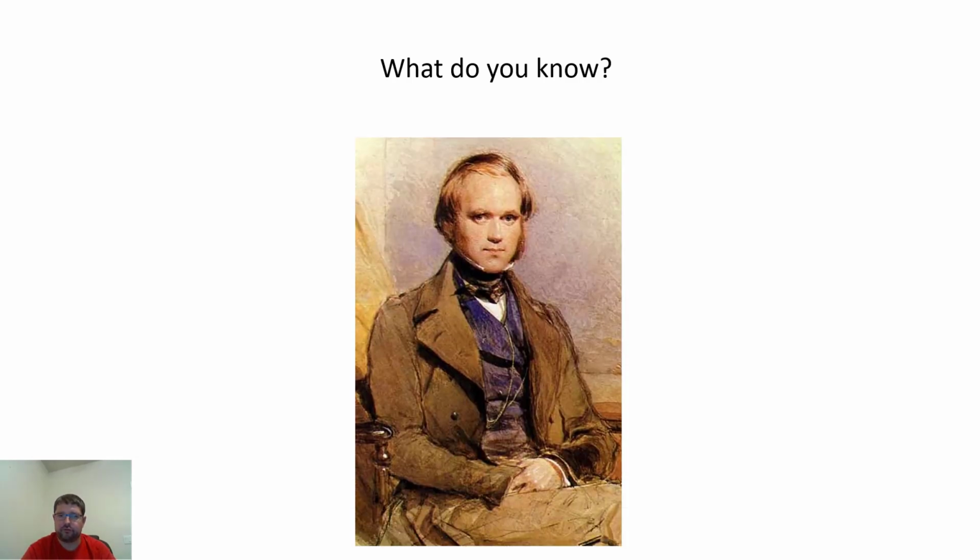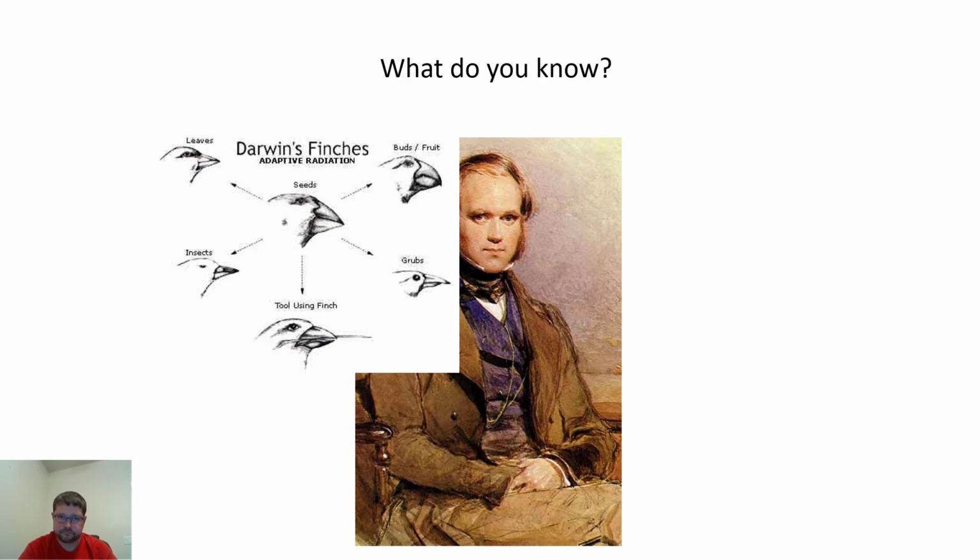First of all, here's one of the younger pictures of Charles Darwin. This is the picture that Charles had painted of him right before he went on the voyage of the Beagle. He was 22 when he went on the voyage of the Beagle, so a fairly young man. Most of you know that Darwin's famous for what we call Darwin's finches, which are Galapagos finches, and his documentation of feeding adaptations of finches, or what we call adaptive radiation.